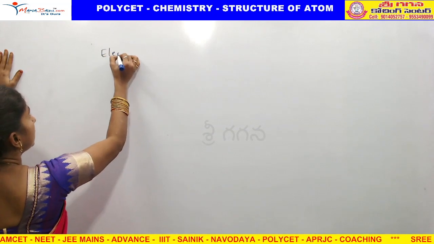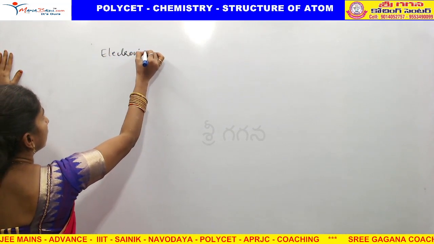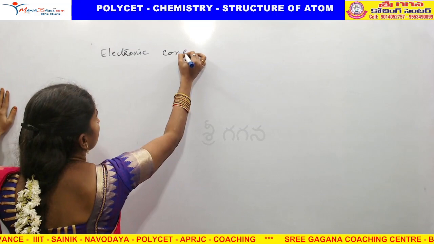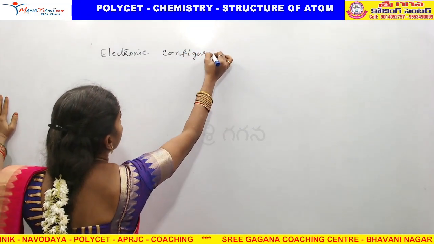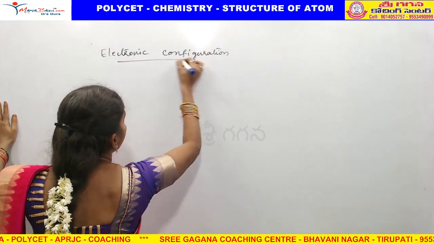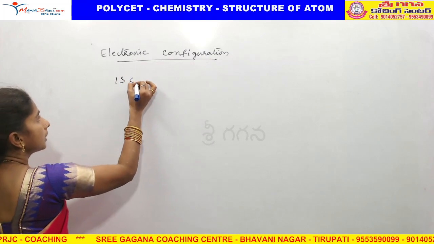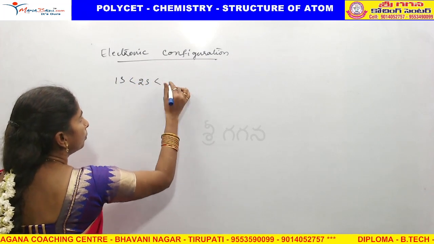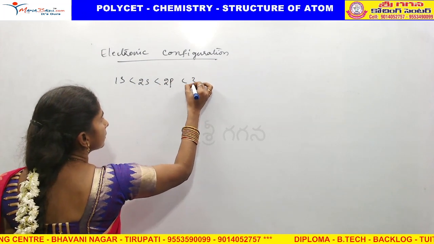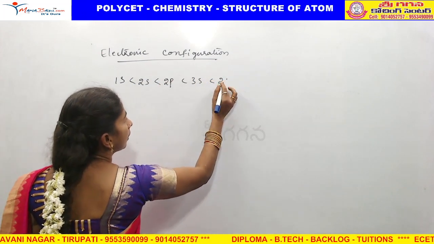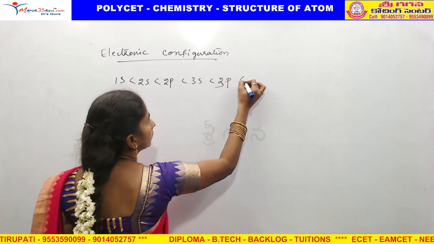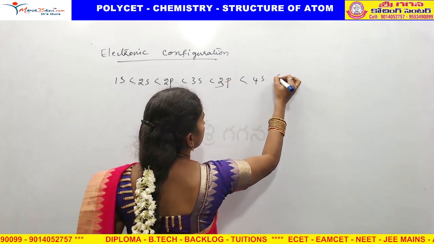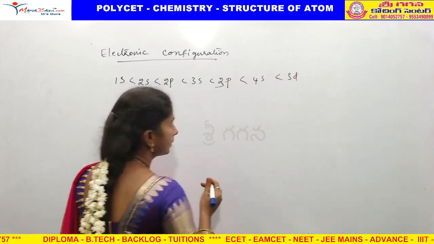The last topic is electronic configuration. I already gave the order when teaching the above principle: 1s, 2s, 2p, 3s, 3p, 4s, 3d.